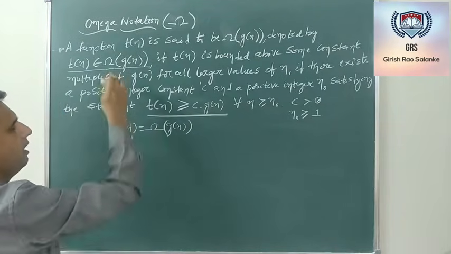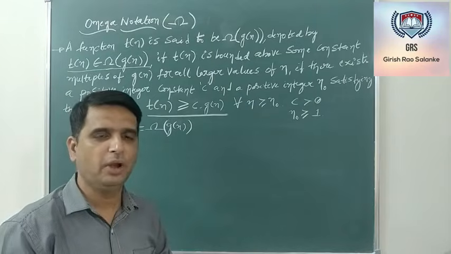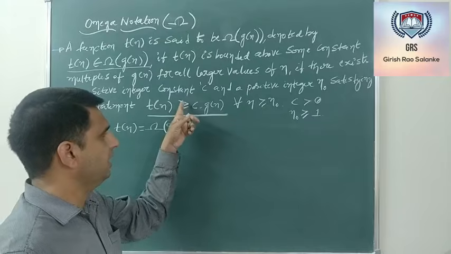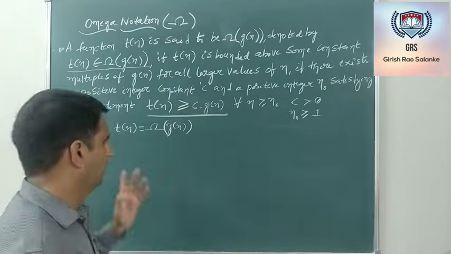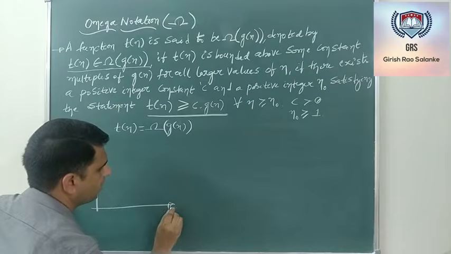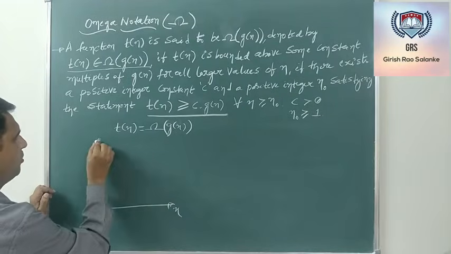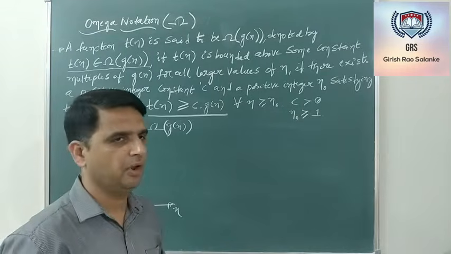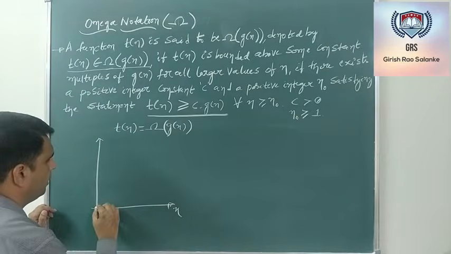When you compare omega with big O notation, the only difference is that there it was less than or equal to, and now here it is greater than or equal to. To put it in the form of a graph, the x-axis denotes the size of input and the y-axis denotes the function giving the time complexity.